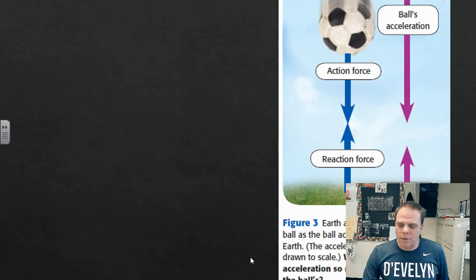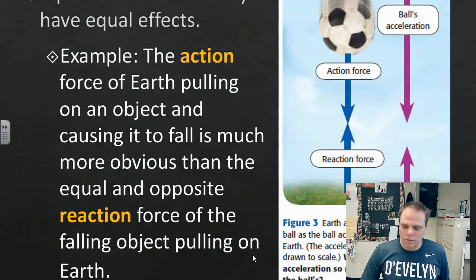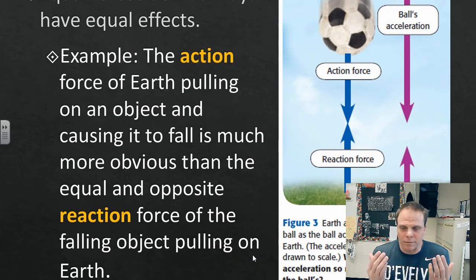Here's another example of two different forces that are not equal to each other. If you imagine a soccer ball coming down to Earth, you can imagine that the Earth is pulling on the soccer ball more than the soccer ball is pulling on the Earth. So there are two forces at play with the force of gravity, the acceleration due to gravity, right?